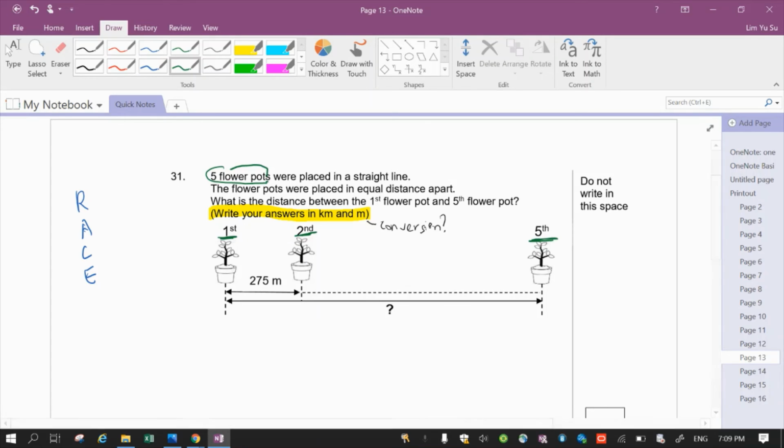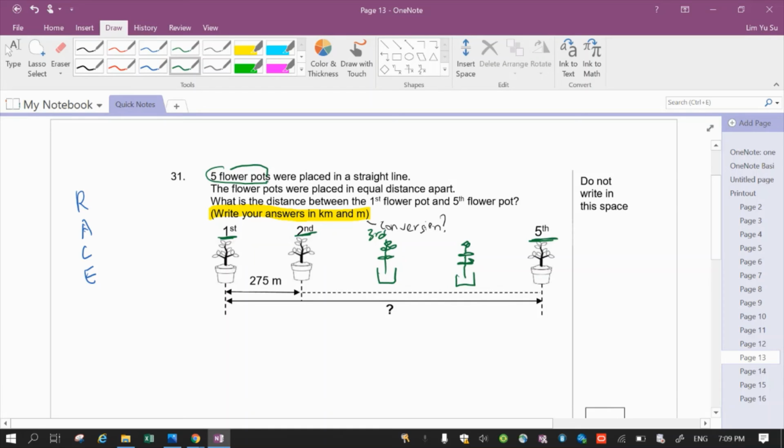Some of our friends help themselves by drawing in another flower pot here, the third one, and another flower pot here, to answer this question and get the right answer.